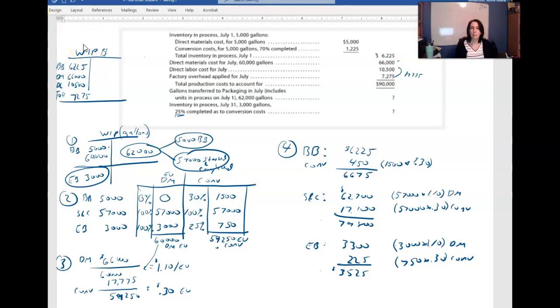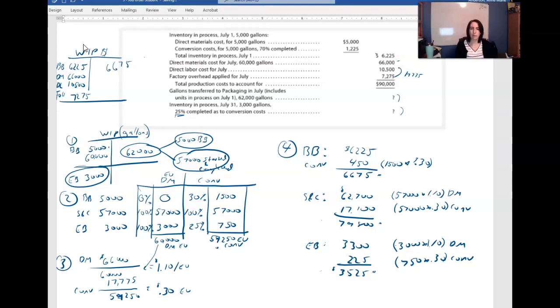So now, what it asked you for in this problem is what the costs were for the 62,000 gallons. That would be the 6,675 and the 79,800. And what is the cost of the ones remaining? $3,525. So now just to see that, these were all the costs before. And we're saying 6,675 went to the next process.